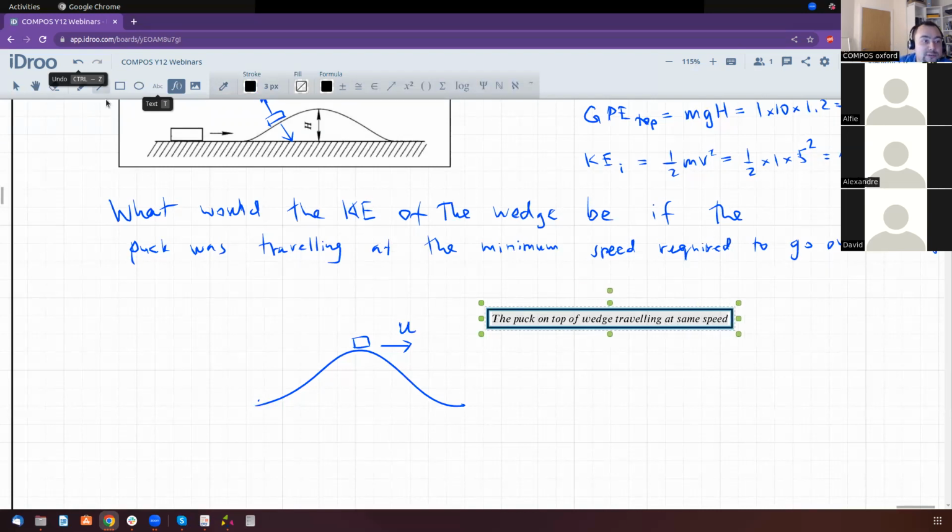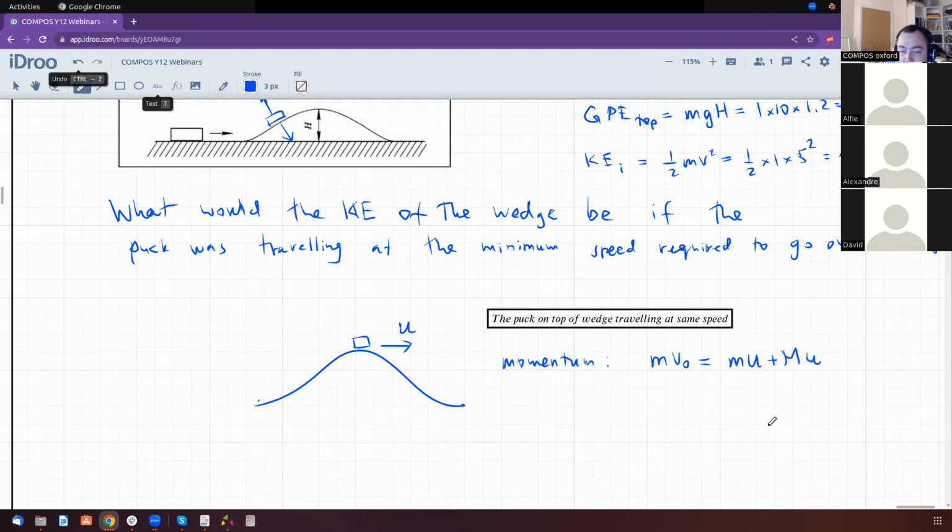And now we can use the conservation of momentum. Momentum: m v0, that's the speed of the puck before, is equal to (m plus M) u.